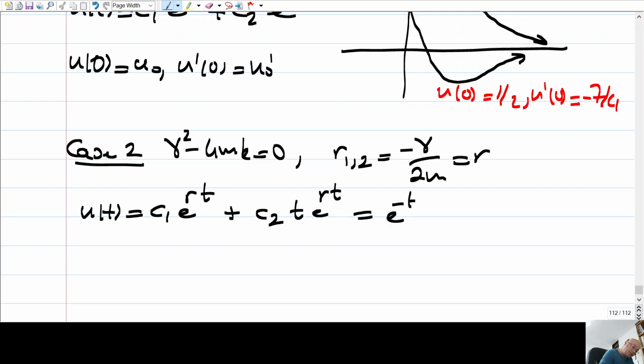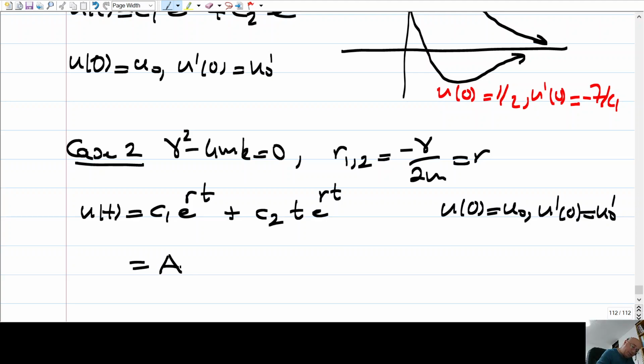Okay, let me write it this way. Suppose again we have initial conditions. So we have e to the minus gamma t over 2m as the common factor.